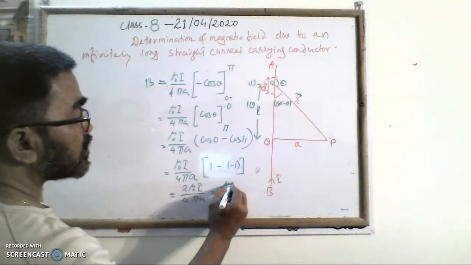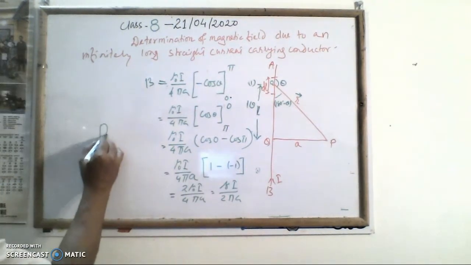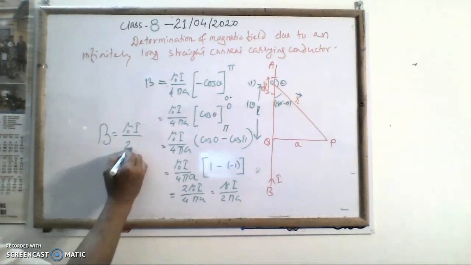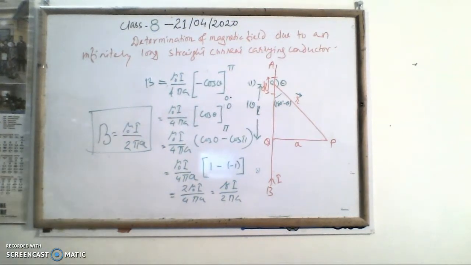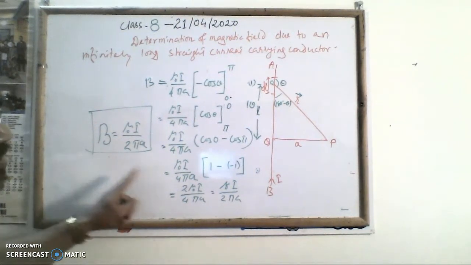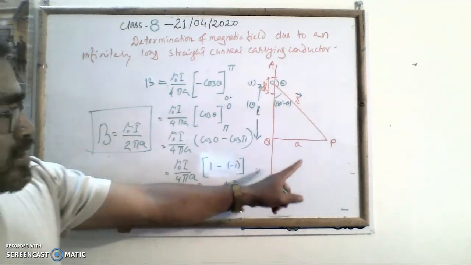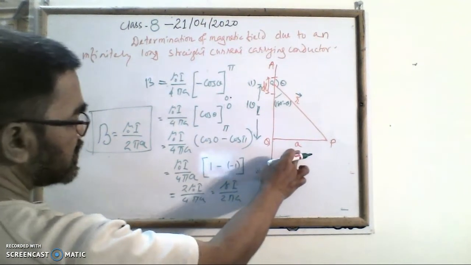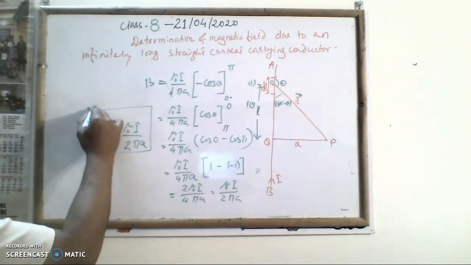So mu naught I by 2 pi A. Finally we got the value as mu naught I by 2 pi A. This is the net magnetic field produced by an infinitely long straight conductor at a particular point around it at a distance A from the conductor. So this is the final expression.